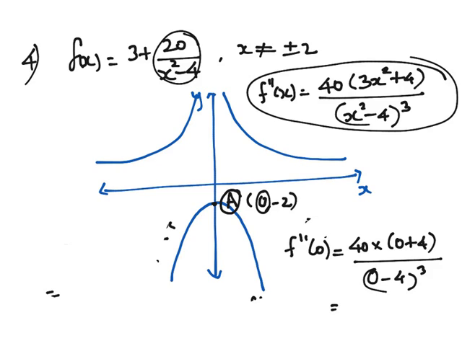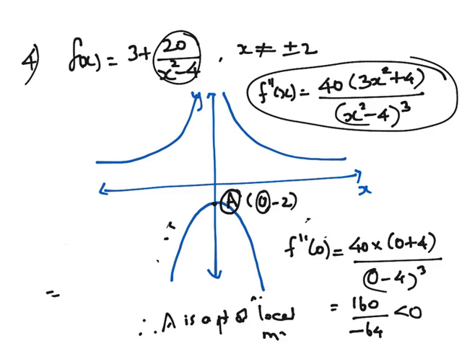So you'll get 160 by minus 64, which is negative. So we know that if the second derivative is negative, then you will get a maxima. So therefore A is a point of local maximum. Why? Because the second derivative is less than 0.